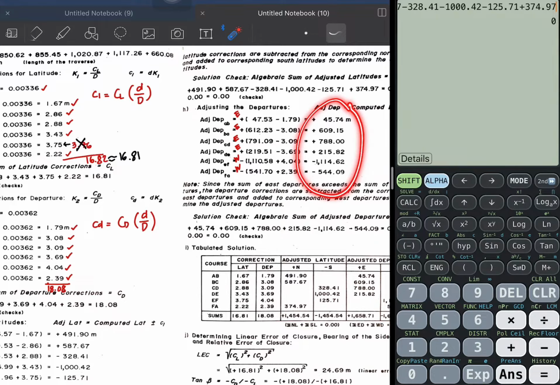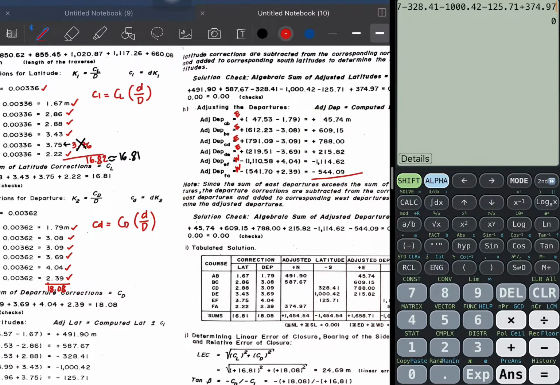So you have your adjusted departure. If you add this, that is equivalent to 0. Okay, 45.74 plus 609.15 plus 788 plus 215.82 minus 1114.62 minus 544.09.